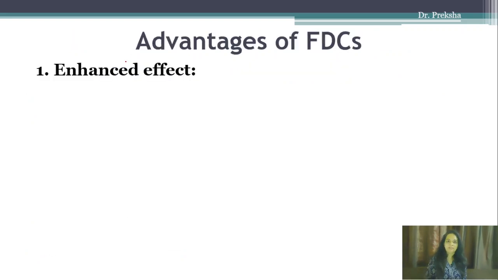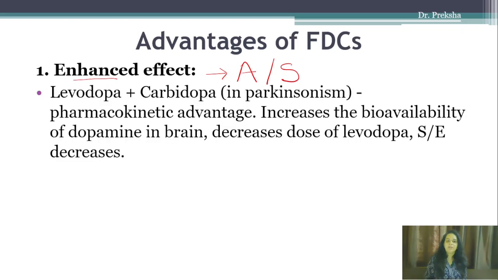Now let us discuss the advantages of the FDC. The first advantage is enhanced effect, which is also known as additive effect or synergistic effect of the drug. Let us understand this with the help of one example. Levodopa is combined with carbidopa in the treatment of Parkinsonism, and it has a pharmacokinetic advantage.